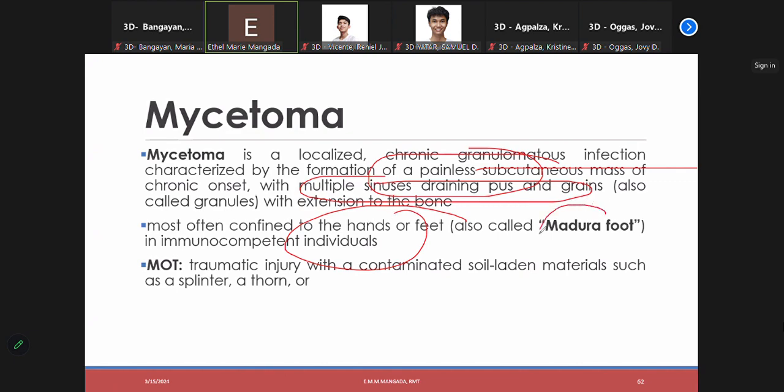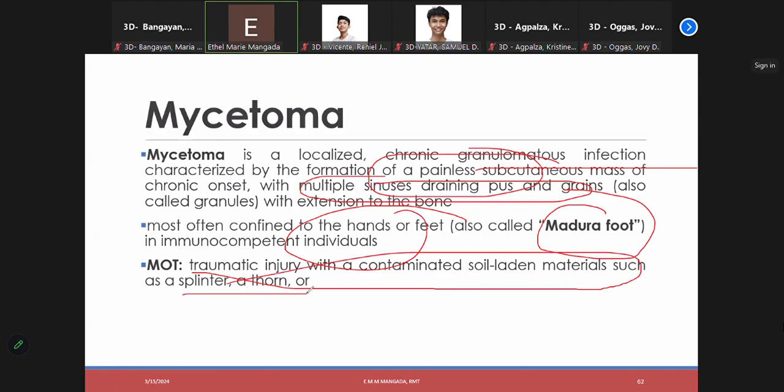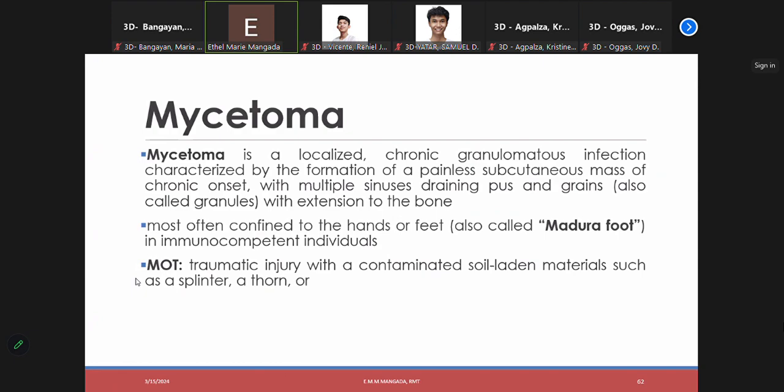So it's also called your Madura foot, Madura mycosis, or eumycetoma. Again, mode of transmission is the same: contaminated soil-laden materials that cause injury, just like a splinter, a thorn, or other contaminated sharp objects from the environment.